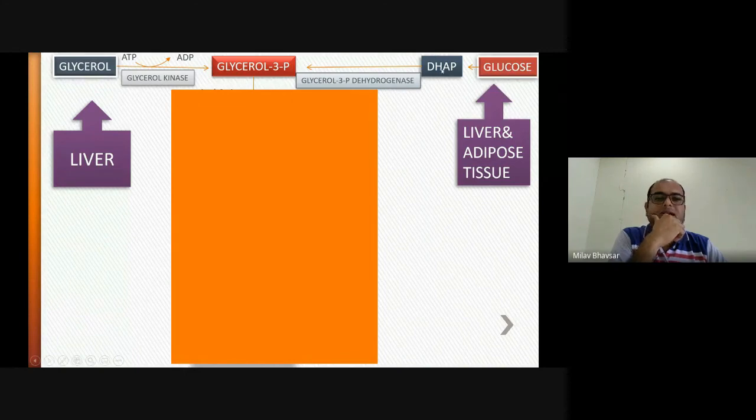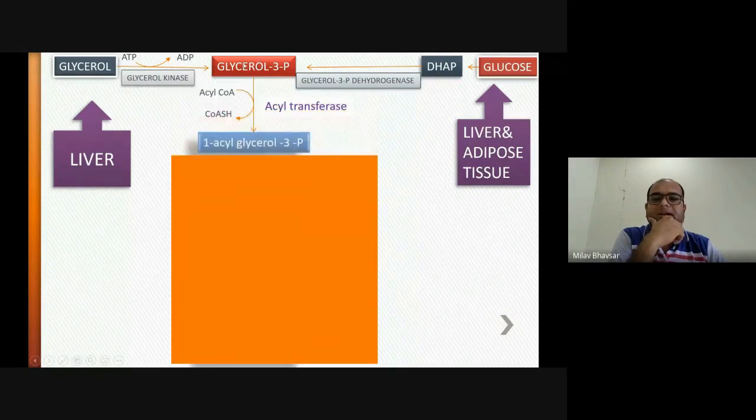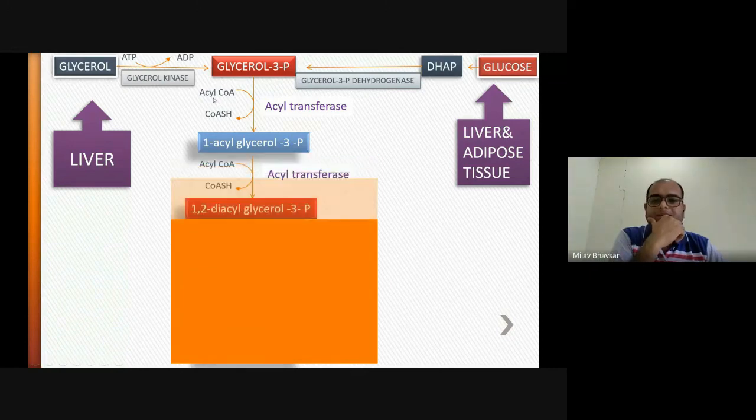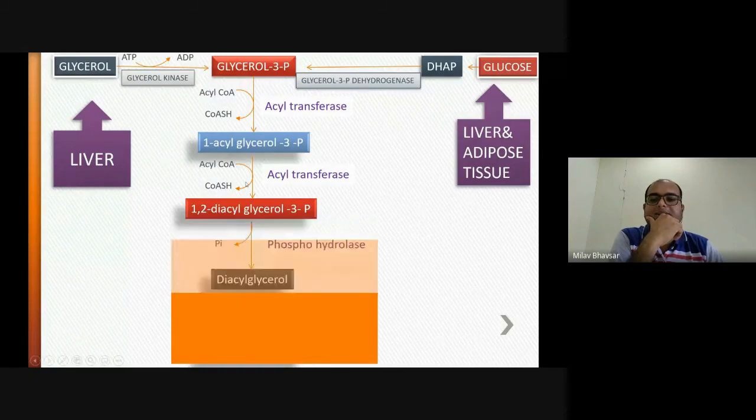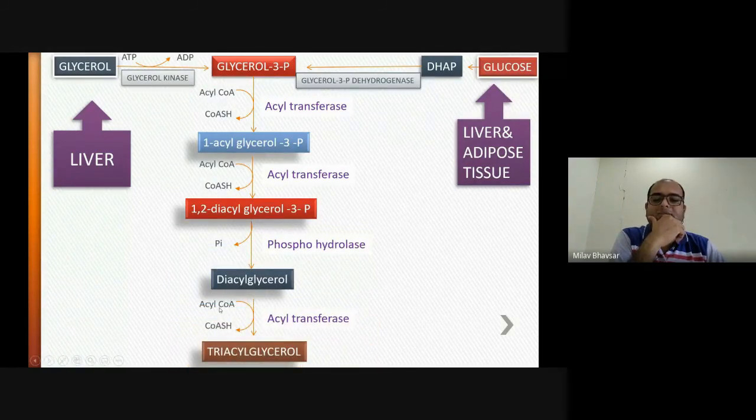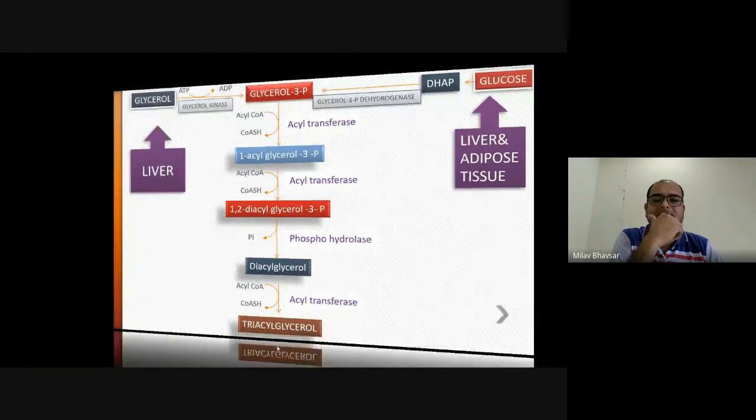From both ways, either through glycerol 3-phosphate or DHA, the glycerol 3-phosphate gets converted into acyl glycerol 3-phosphate. Acyl coenzyme can be anything; any acyl group can be present. Then 1,2-diacylglycerol, another acyl coenzyme is added. Then diacylglycerol is generated, another acyl coenzyme is added, and triacylglycerol is formed. So from glycerol, this is how triacylglycerol is generated.